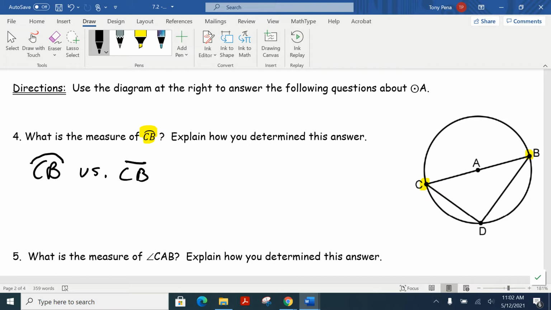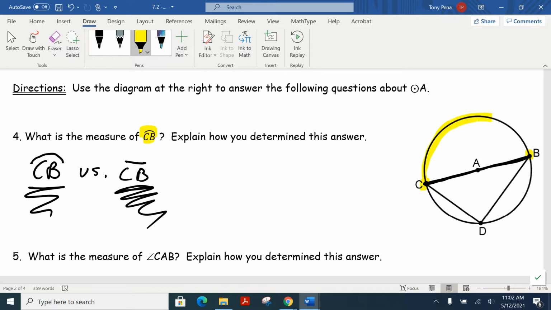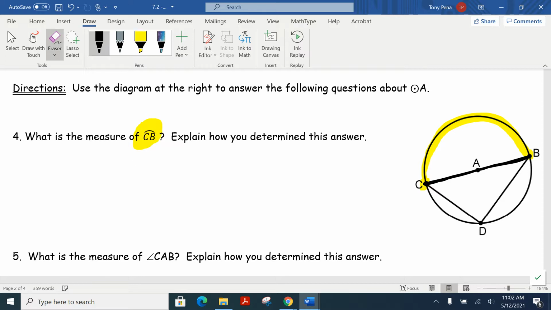Those are two completely different ideas. This one here is the segment drawn from C to B. This one here is the arc from C to B. So the one that we are dealing with is that arc. And then the question is, what is the measure of that arc length?